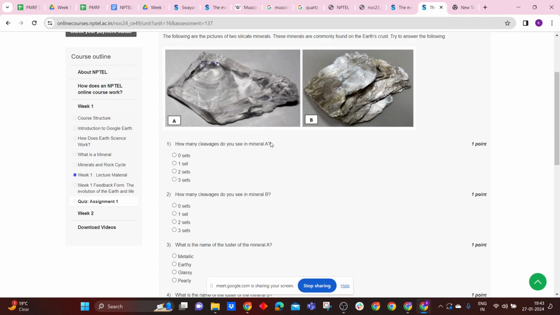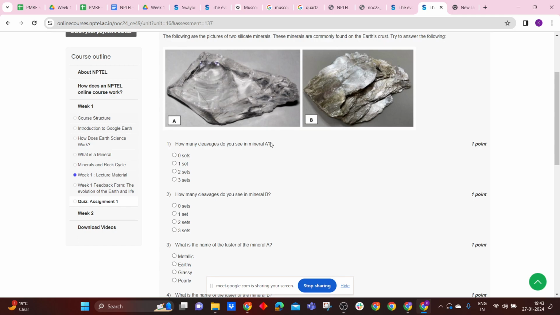How did you identify mineral A? In order to tell the sets of cleavage, first you have to look at whether a set of cleavages is possible or not. For example, we know that calcite has 3 sets of cleavage, the rhombohedral cleavage. Am I right or wrong? But is it possible to see all 3 sets of cleavage in calcite in a 2D plane? It's not possible, right?